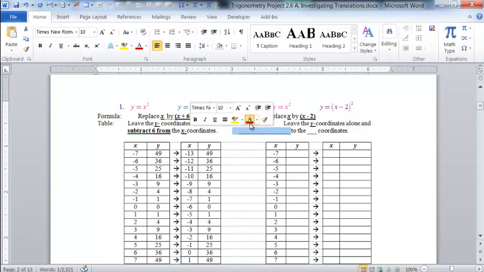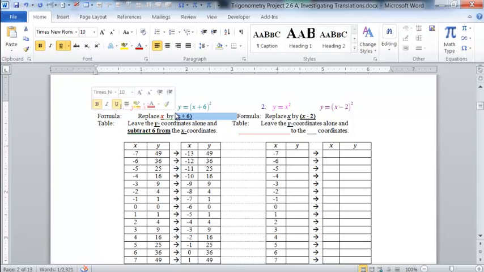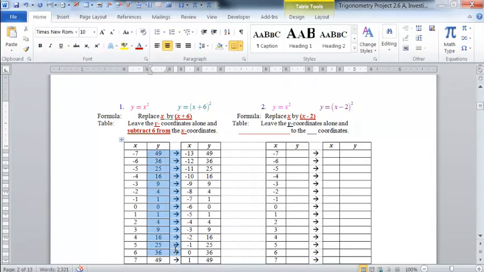And the thing that we're going to find on all of these is that, oh yeah, I'm going to make my answers red so that you can see what was the solution and what was the original. So we see over here that the x was changed, not the y. So I need to use the table to make a set of y values. Well, it's the same part as over here.